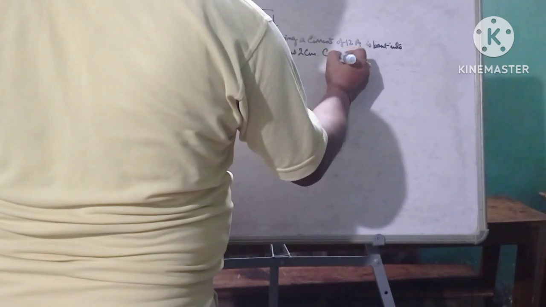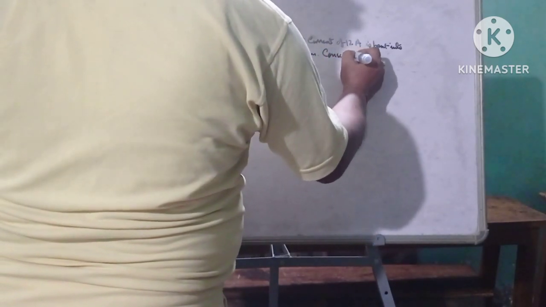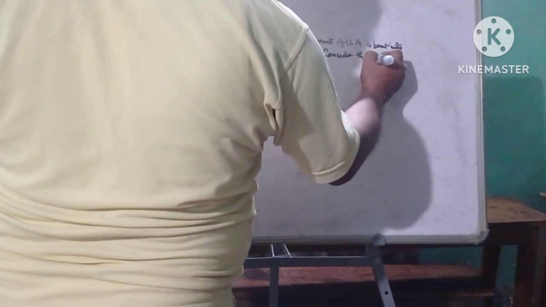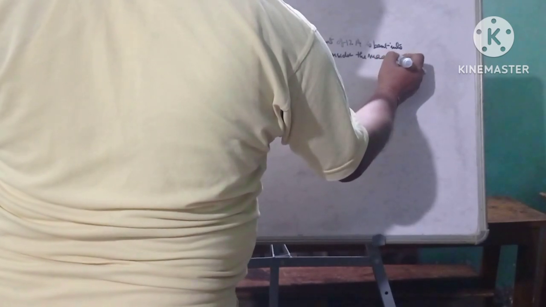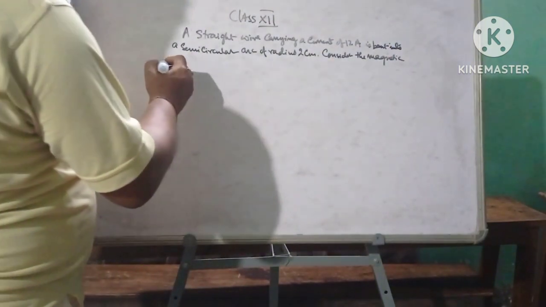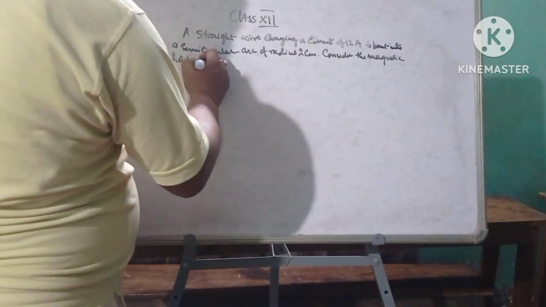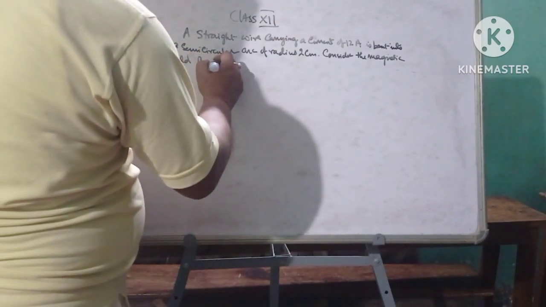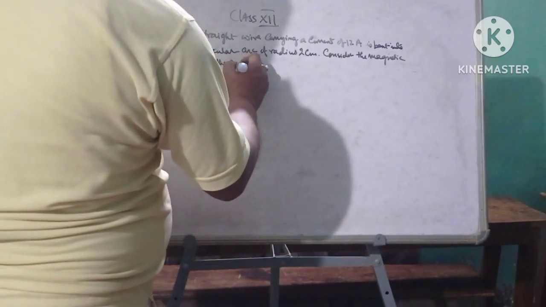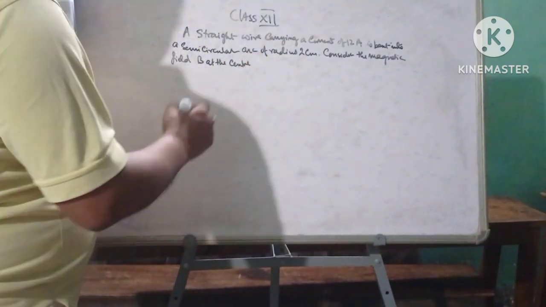Consider the magnetic field B at the center of the arc.